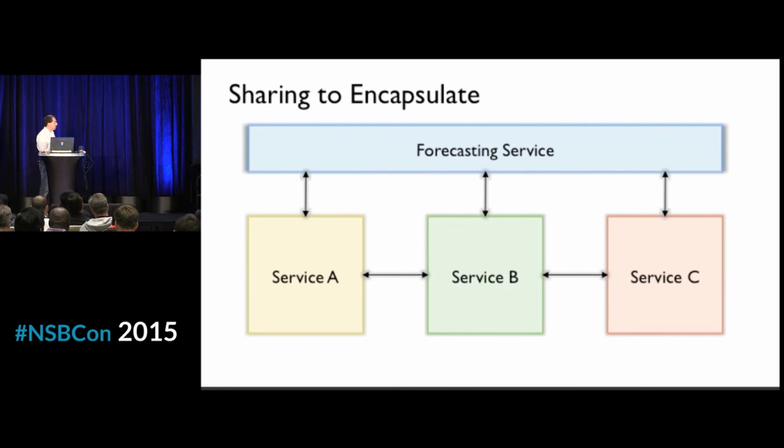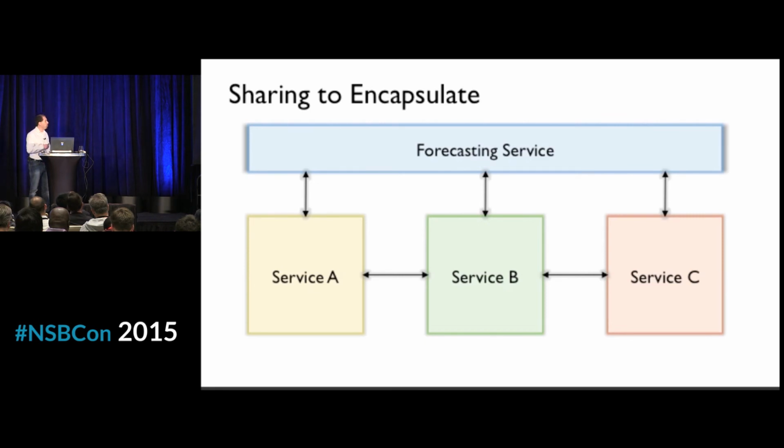All the data needed for a service to fulfill its business capability should be inside of it. So a service should never be reaching into another service to know it should or should not do something. And I want to reiterate that this information that we're sharing would only be stable business abstractions.